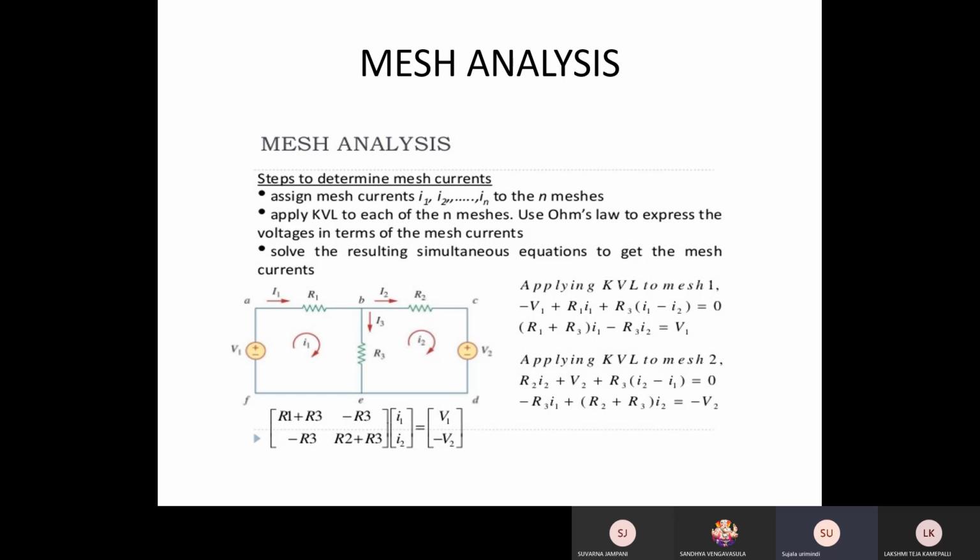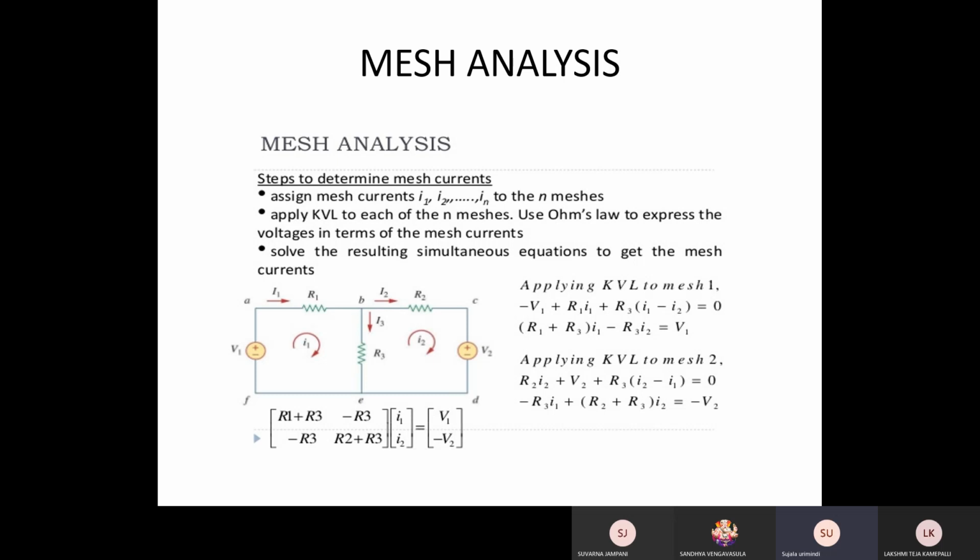When you have to write down the loop equation for the first loop, the preferred current is the first loop current. When you write down the loop for the second loop, the preferred current will be the second loop current. Like that you have to write down the equations.